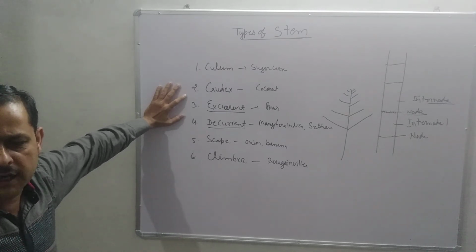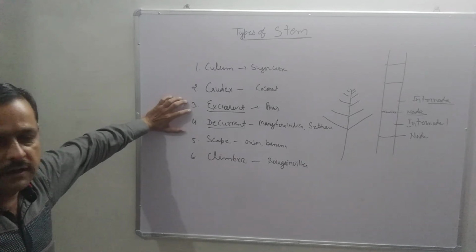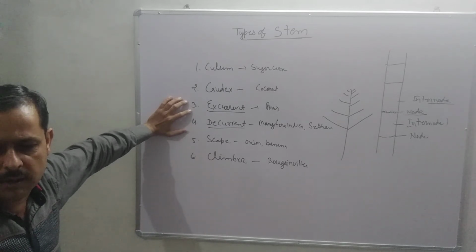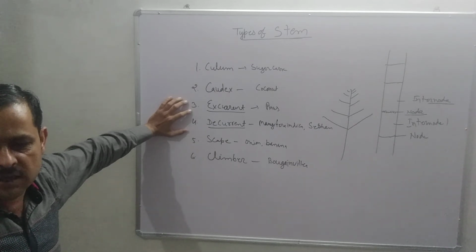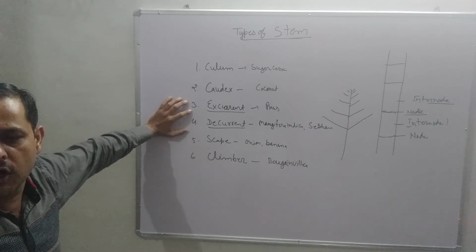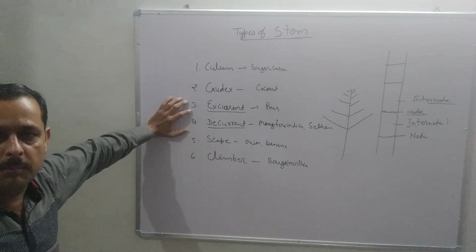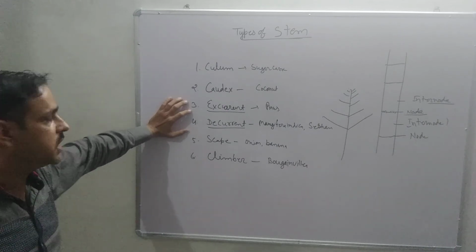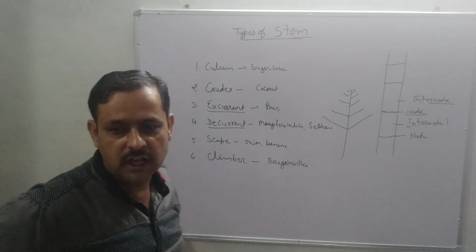Branches appear acropetally, thus the tree receives a cone-like structure. Pinus. Next, decurrent or deliquescent. It is called so when some of the lateral branches grow more vigorously. The trunk disappears after some distance due to suppression of growth of the terminal bud of the stem. It is called decurrent. Example, as you know, most of the angiospermic plants we see are examples of decurrent.